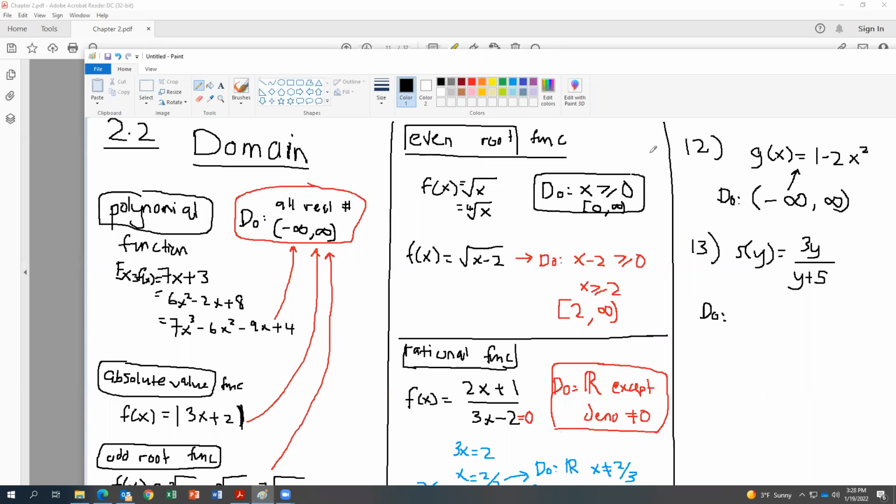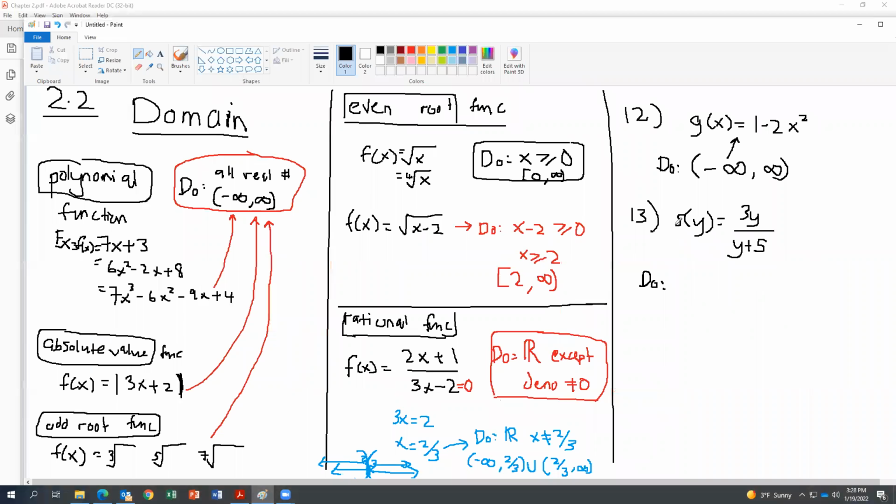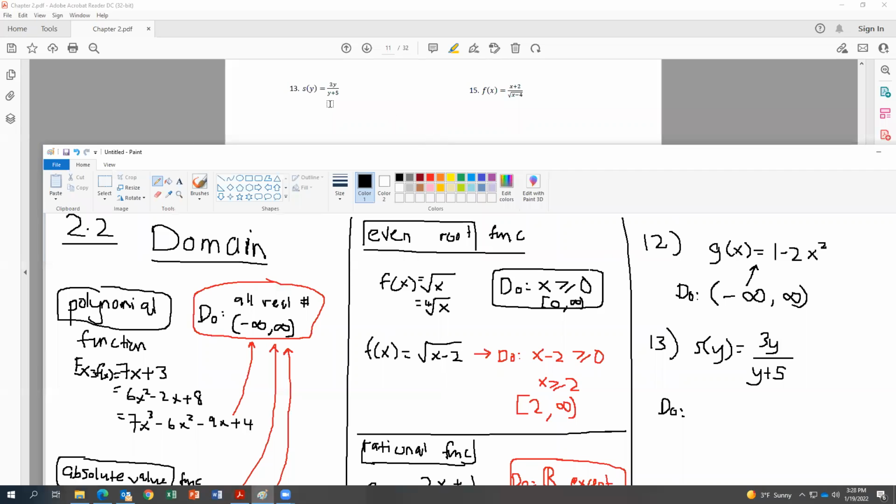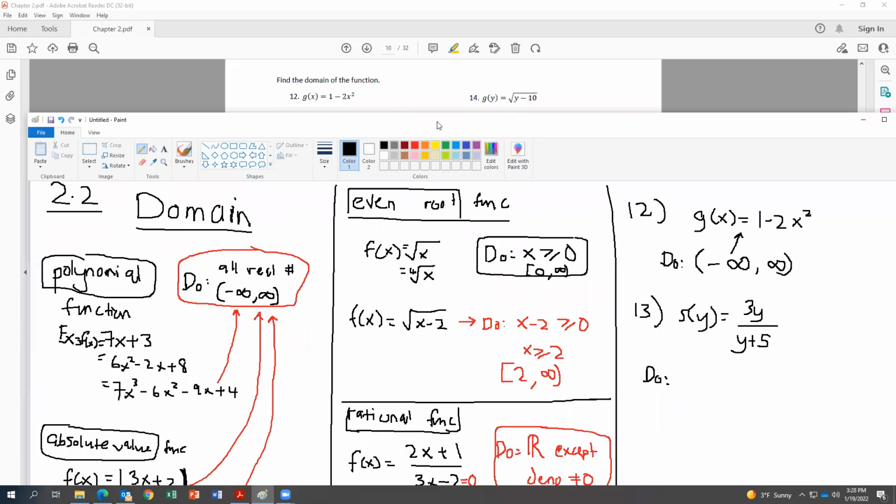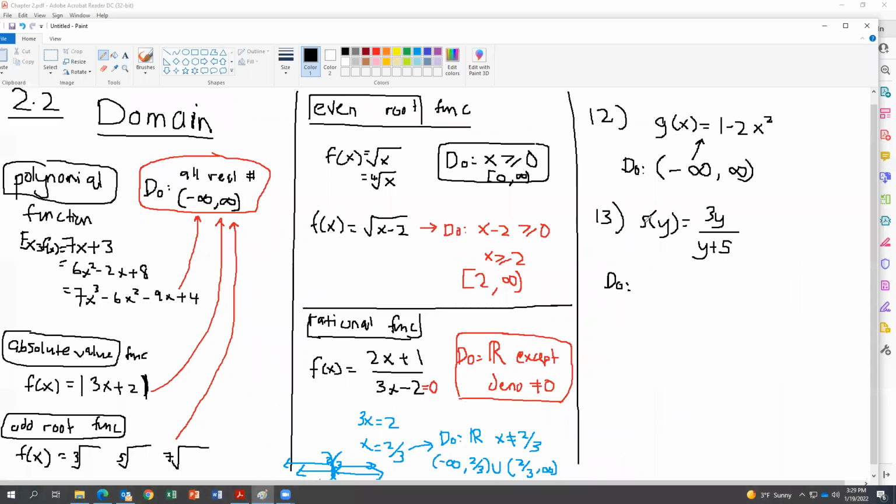Question number 13. They give you s of y. So this is s of y equals 3y over y plus 5. So can someone tell me what kind of function this is? Is that polynomial, absolute value, odd, even, or rational? So this is rational.